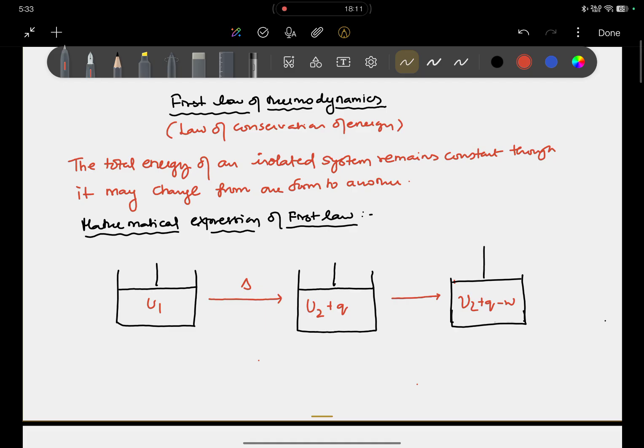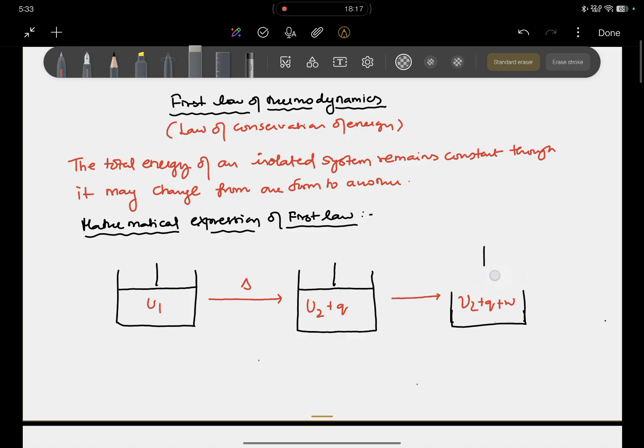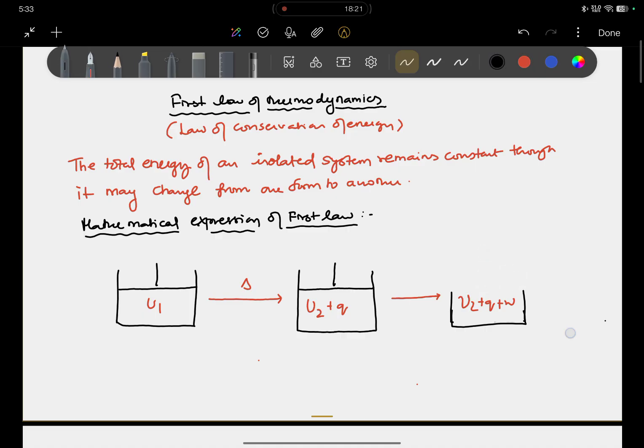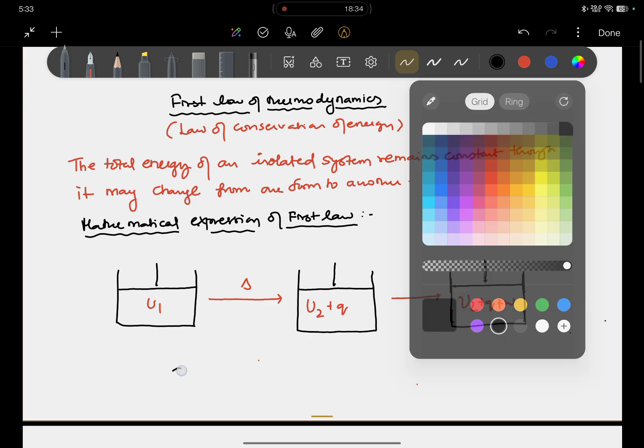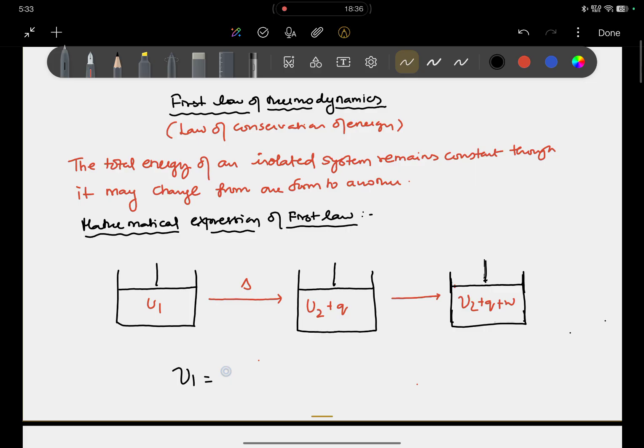In that case I am adding the work, so plus W. Instead of expanding, it will be compressed and come back to the normal state. So work is done on the system. Correct? So we can say that U1 is equal to U2 plus Q plus W.